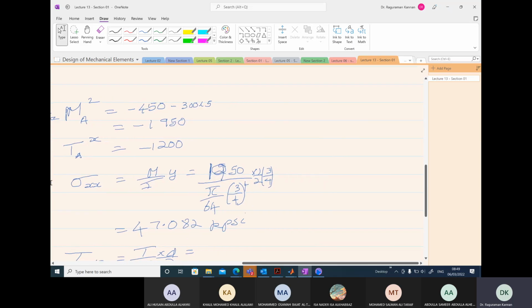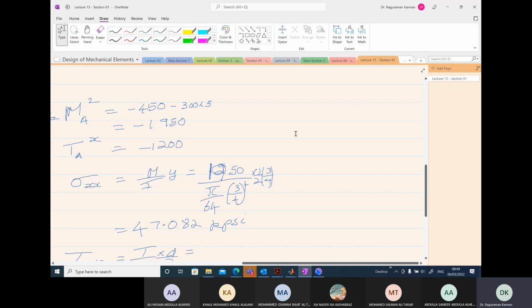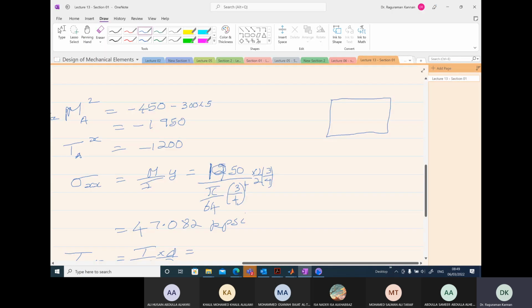Since it is in the xz plane, I have to draw my stress element in the same xz plane. When I draw that, this is the stress element. This is the x and the z plane.